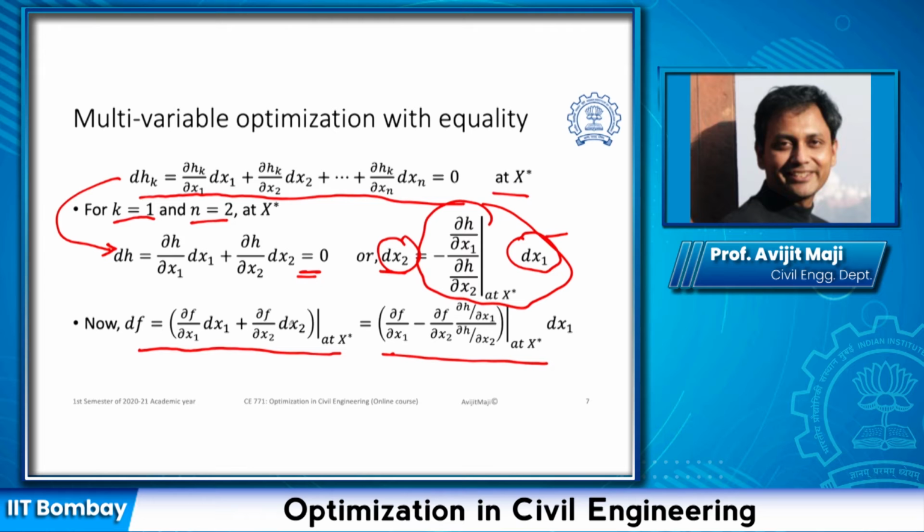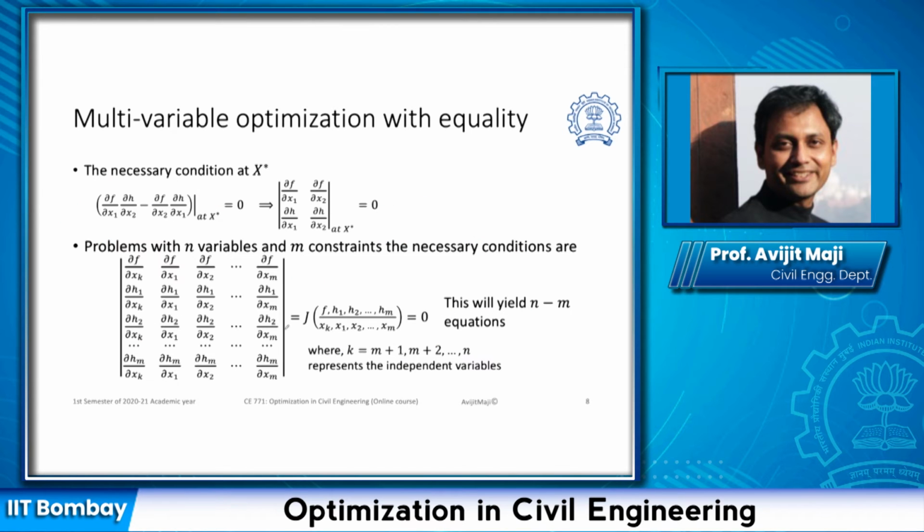Now if we further look into this and represent it in a matrix format, we can write it in this way, where this matrix is equal to 0.